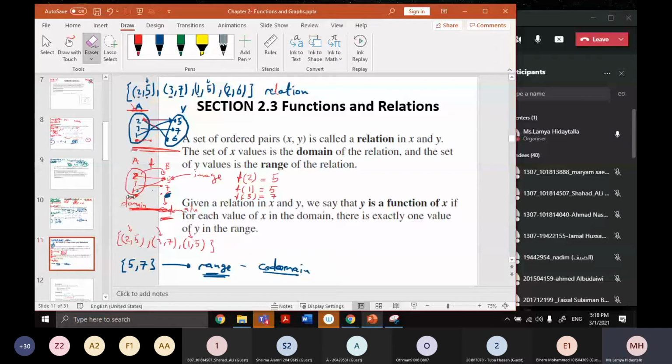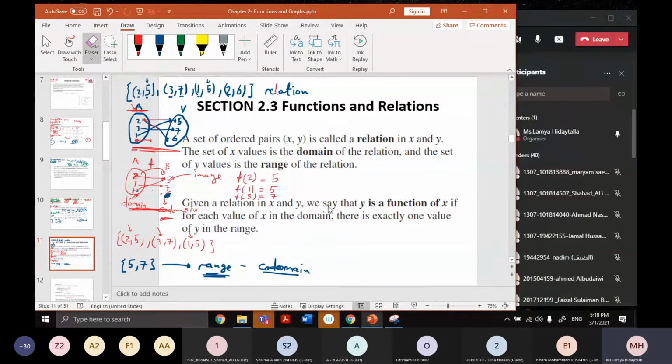So a range can be apart from the codomain. It could happen, no problem. A set of images we call the range.